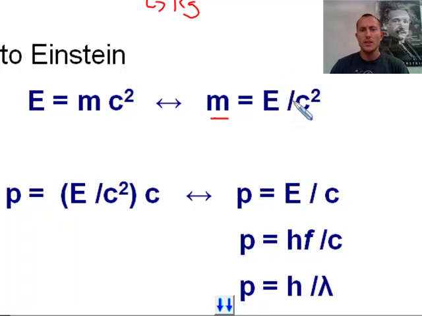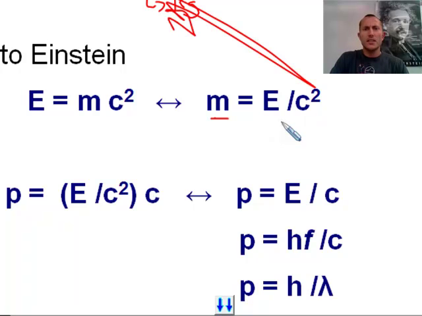So m equals E over c squared. We can take that expression for mass, E over c squared, and plug it back into our momentum equation. And so if we do that, we get the momentum is equal to E over c squared times c, because remember, p equals mass times velocity.